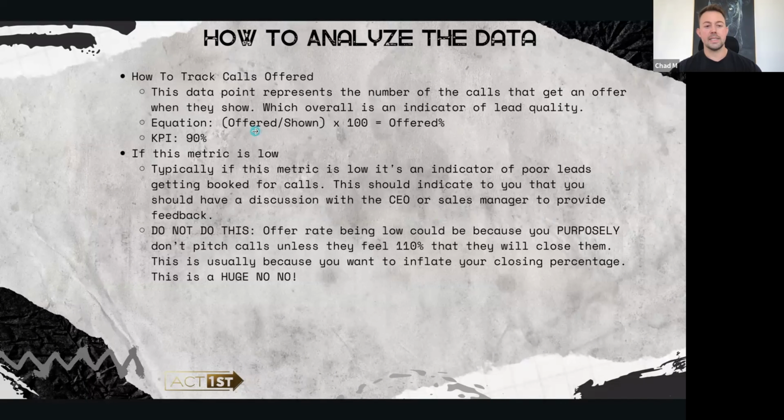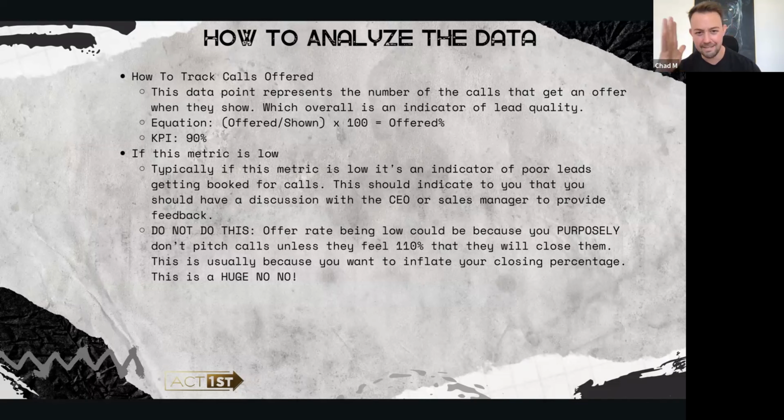All right, the next metric that matters is calls offered, right? Also referred to as pitched. Calls pitched, calls offered, it's the same thing. So this data point represents the number of calls that get an offer when they show, right? So what percentage of calls when they show are actually getting an offer? And an offer means that we are presenting the price.